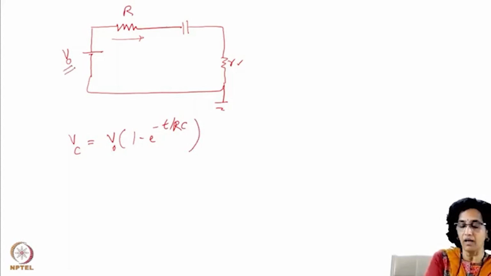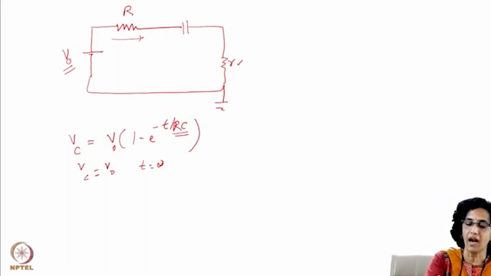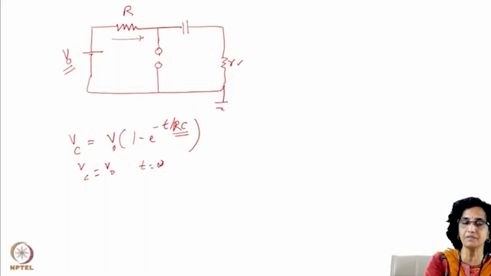At t equal to infinity, Vc is equal to V0, and RC is the time constant, in which it rises to about 0.7 times V0. So the condenser gets charged, and when it reaches the required voltage, we have a switch, which is nothing but a spark gap, basically two electrodes.